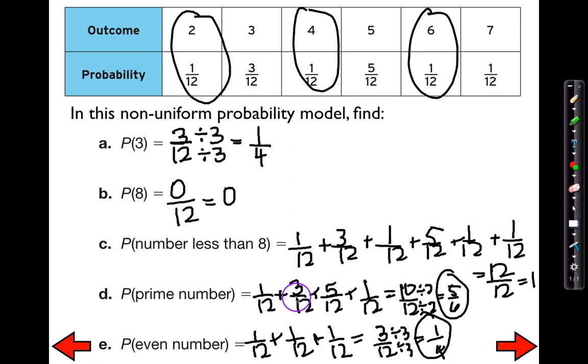Well, you could have done the complement of getting the probability of a composite number, and you would have counted the probability for all the composite numbers. Now, why is this helpful? Because sometimes counting a lot of them would be tedious. So you might want to do the complement because it might be easier to calculate and simply find the complement that way. So it is helpful in certain occasions.